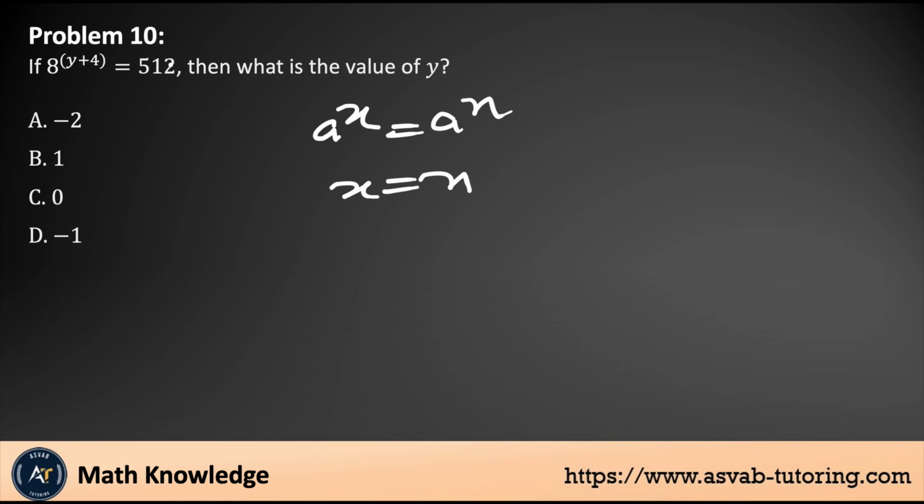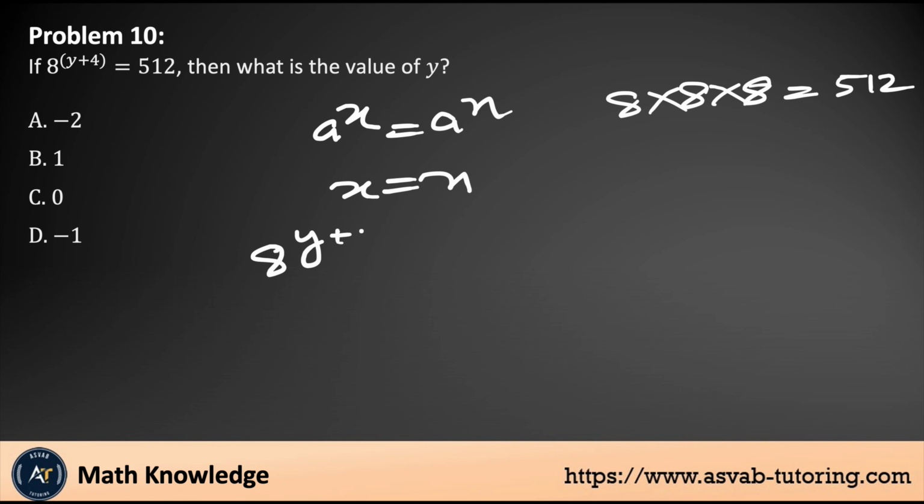So you need to split this 512 and make it in terms of 8. So you could do 8 times 8 times 8, so that gives you 64 times 8 gives you 512. So if you rewrite it, 8 to the power y plus 4 equal to 8 to the power third power.